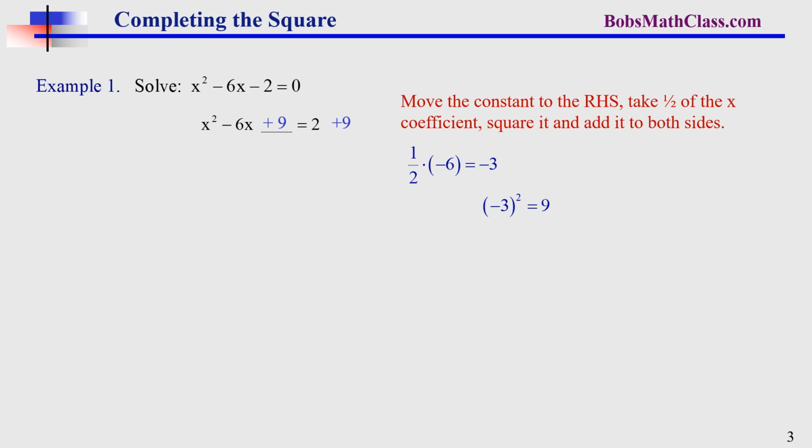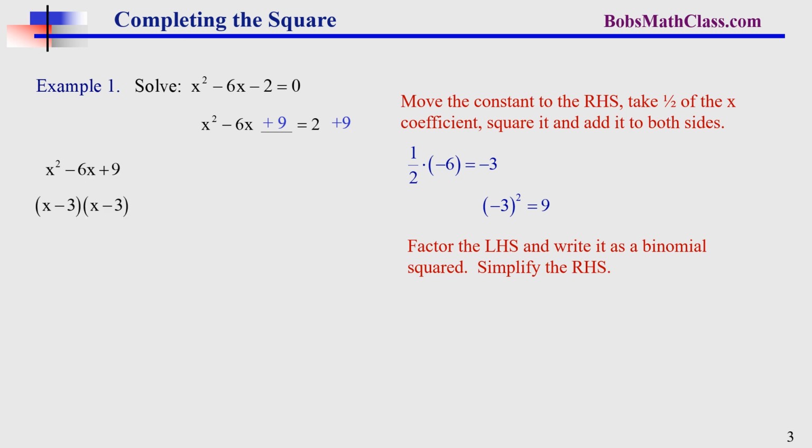Now on the left side, that is a perfect square trinomial. You could factor it. So we're going to factor the left-hand side and write it as a binomial squared. And then we're going to simplify the right-hand side. That's easy. You're just going to add 2 plus 9. Okay, so if you factor it, it does factor to x minus 3 times x minus 3.